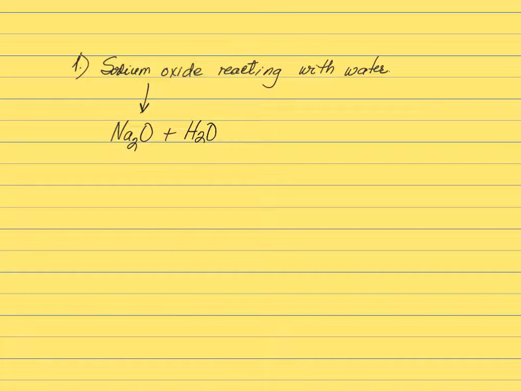Do I have a combustion chemical reaction? You're going to look at the reactants. Is oxygen involved? No, because you have two compounds. So you can cross that out of your list. Do I have a double replacement chemical reaction?